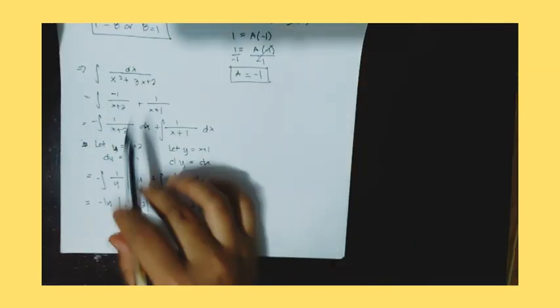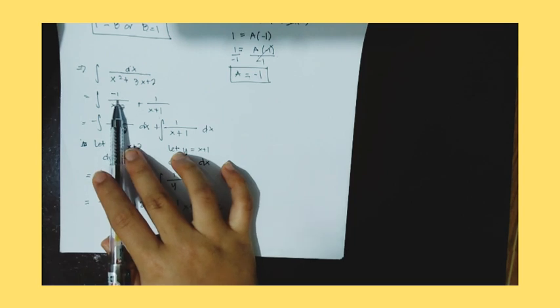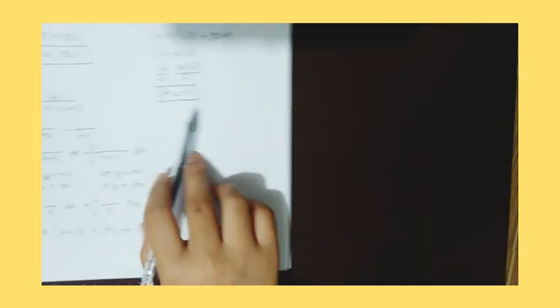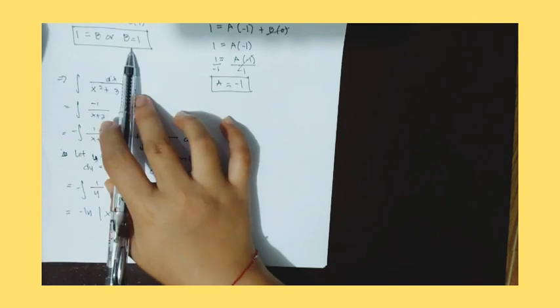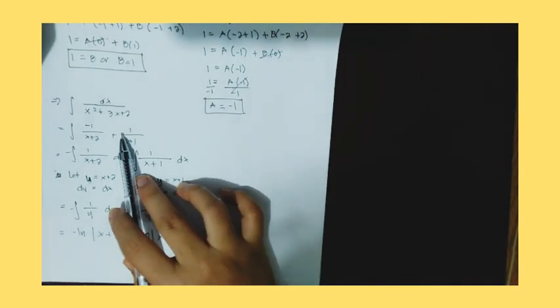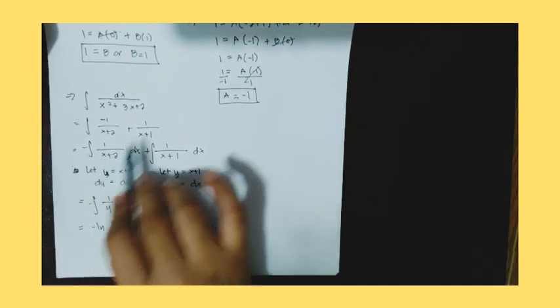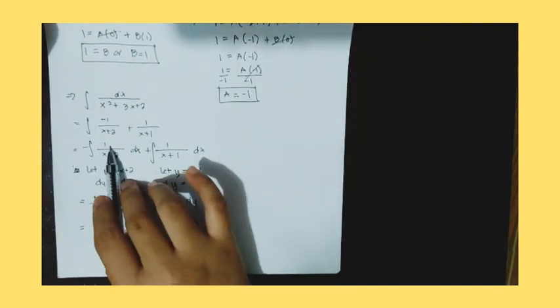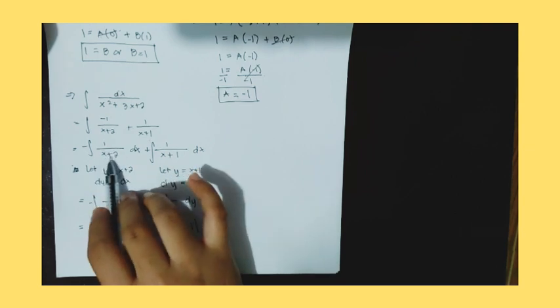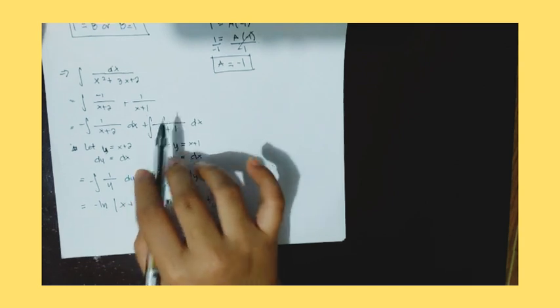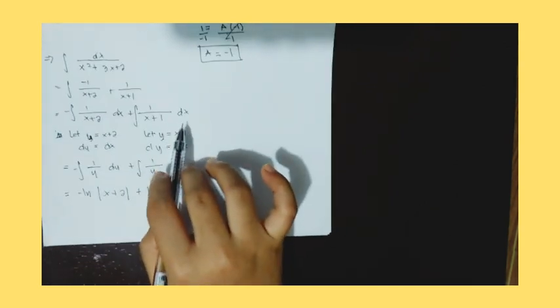The negative 1 came from A, and the 1 came from B. The negative we take out of the integration: negative integral of 1 over x plus 2 dx plus integral of 1 over x plus 1 dx.